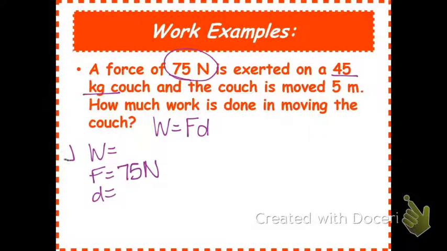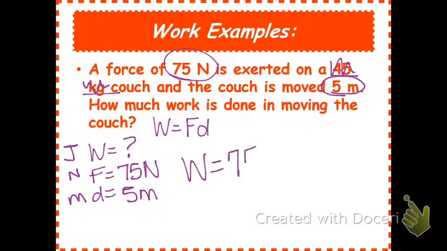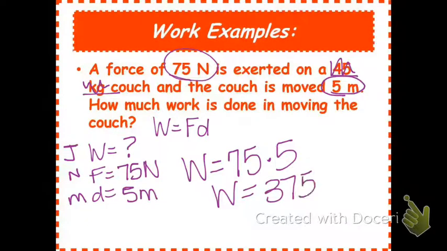And just to review, work is in joules, force is in newtons, distance is in meters. Is there anything in kilograms? No. Extra information that we don't need. Last but not least, they give us this 5 meters. Distance is in meters, meaning that they give us everything but the W. So in this case, W is equal to 75 times 5, or let's take our calculator, 75 times 5, 375. And for W, the label is joules.